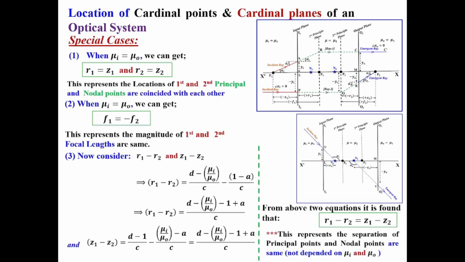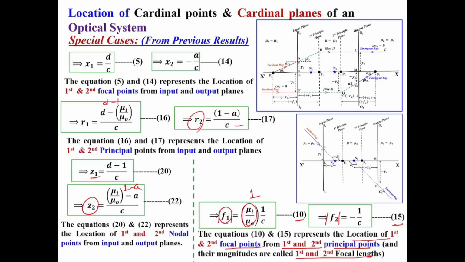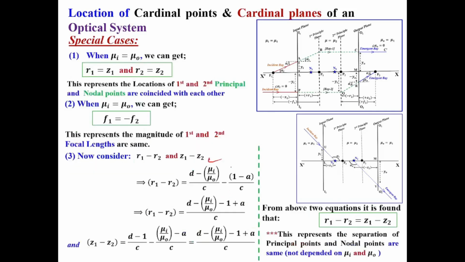Now this is most important. Consider r1 minus r2, and z1 minus z2. First consider r1 minus r2. Here the r1 value is d minus mu I by mu o by c, and r2 is 1 minus a by c. You just calculate the difference between r1 and r2. We find this value: d minus mu I by mu o minus 1 plus a by c.